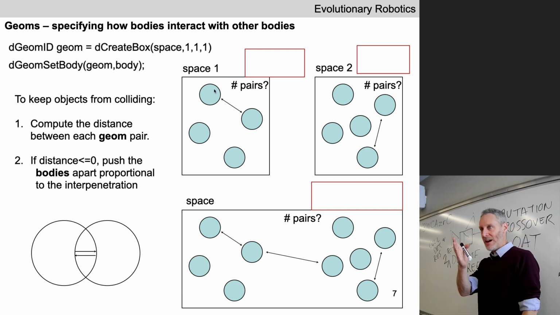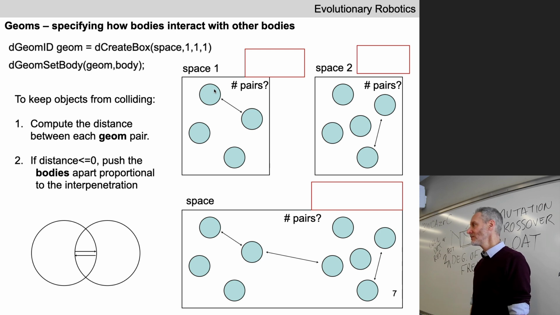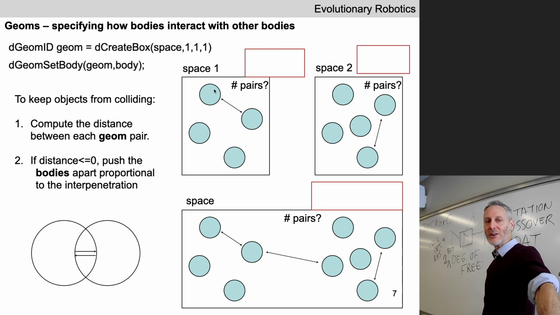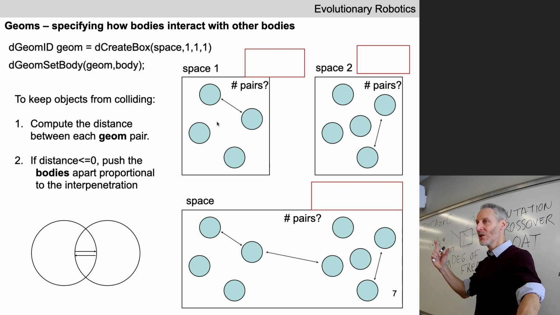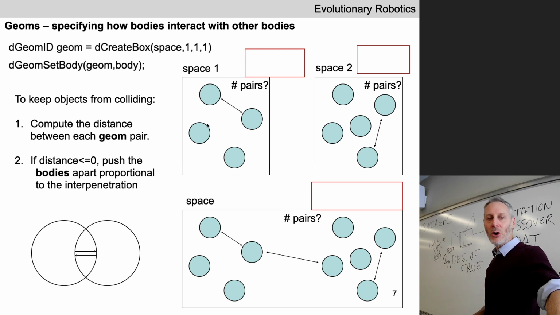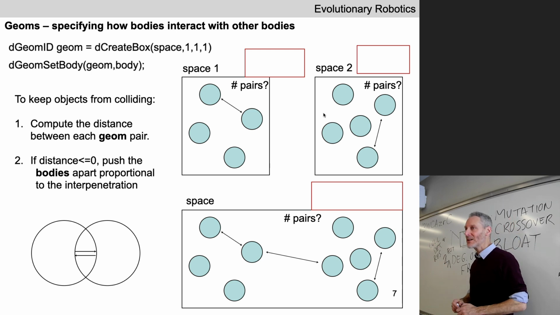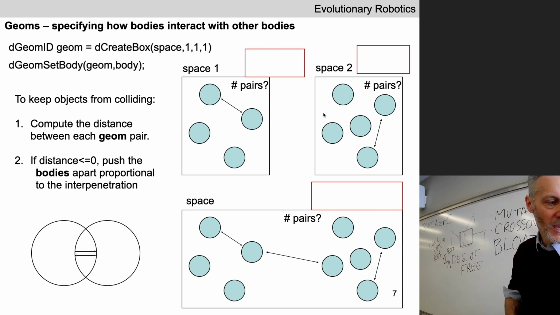So how much better can I do if I don't do that? Anybody know? Yep. N factorial? I mean, it's half as many. It's half as many. If you go through and do that, you'll see that you've computed the distance between the same pair of objects twice. Okay, so in this scene with 9 objects, we can reduce 9 times 8.